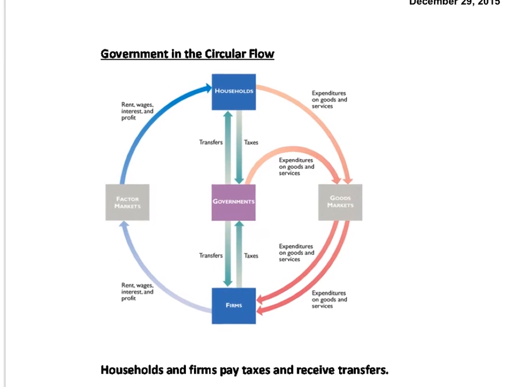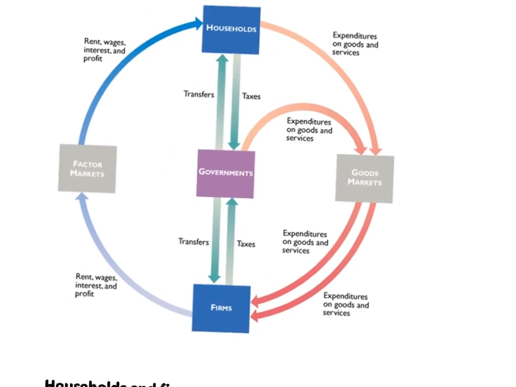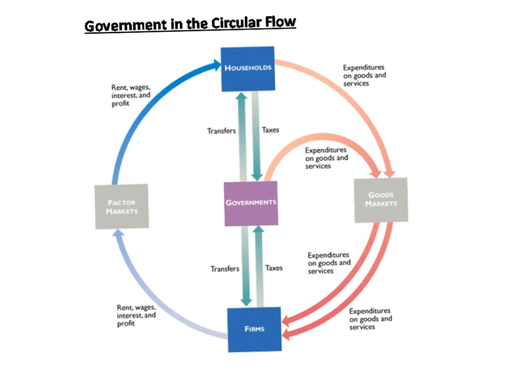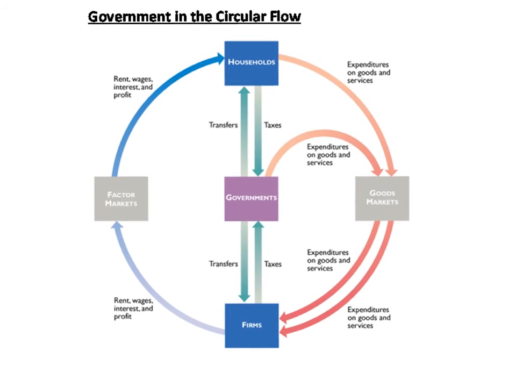So here's an example where government has been added to the mix. So we have government just stuck in the middle. So of course what happens, we know households are paying taxes, so money is leaving the households, going to the government, but then it's called transfers. So the government also sends money away from the government to some individuals.